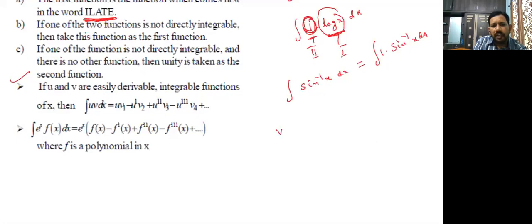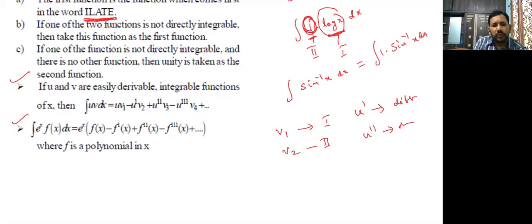What is the v1 meaning? One time integration. U dash means one time differentiation. V2 two times integration. U double dash two times differentiation. So like that. Now this is also an important formula.